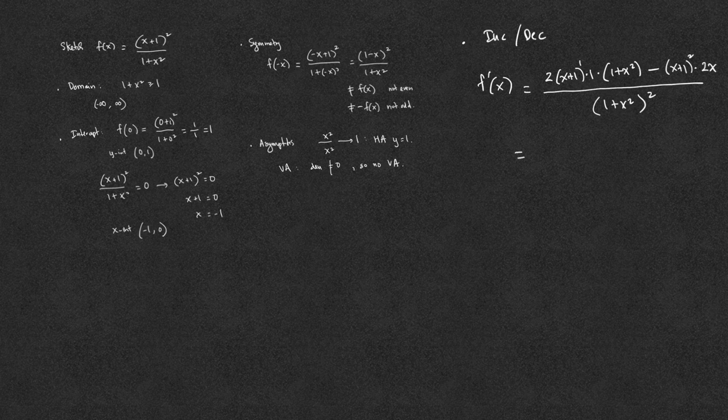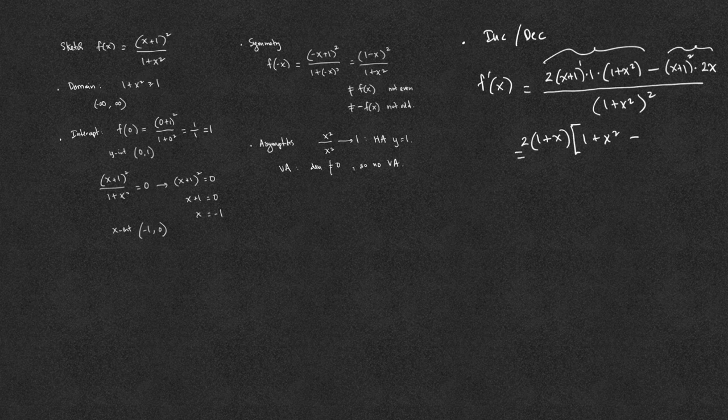We simplify the numerator by factoring out 1 plus x and a factor of 2 as well. What we end up with in the first term in the numerator is 1 plus x squared, minus the second term.